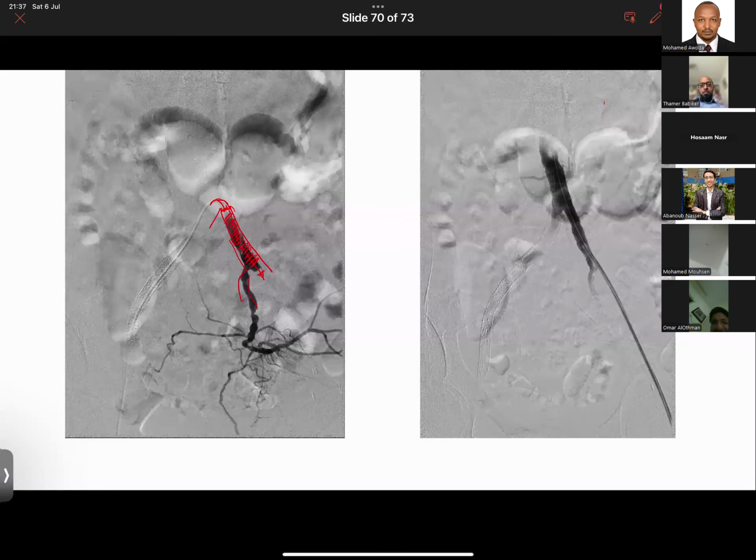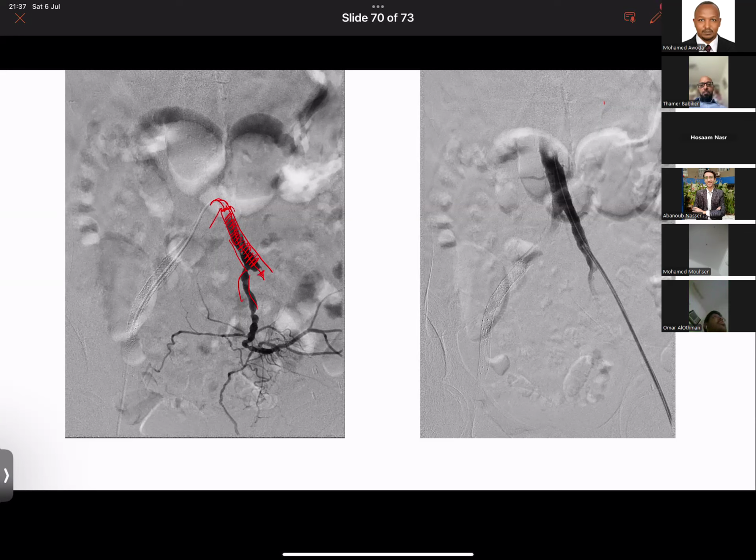But since the introduction of the steerable sheaths, I think I've never needed to come from the top for this particular indication. Obviously, if the occlusion is in the aorta, then I do come from the top.